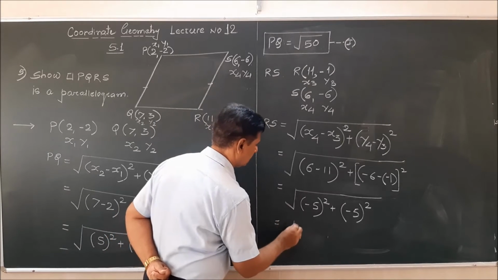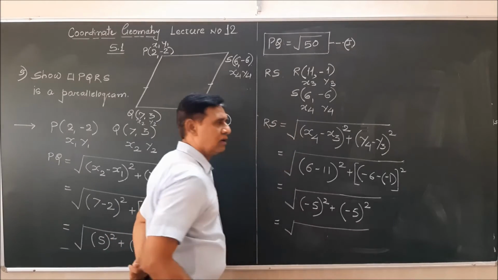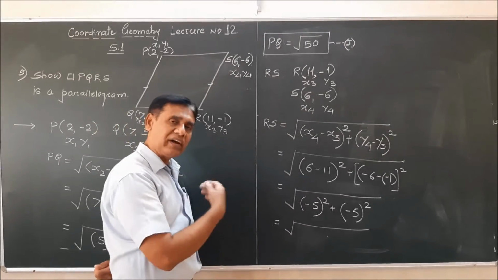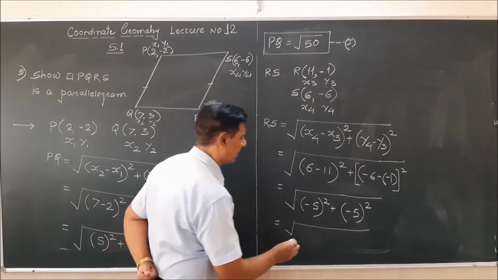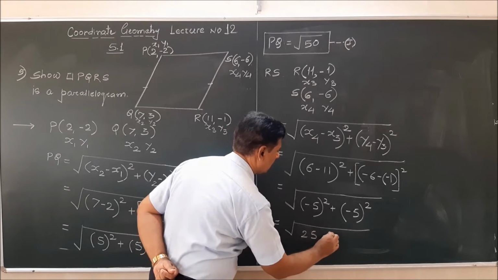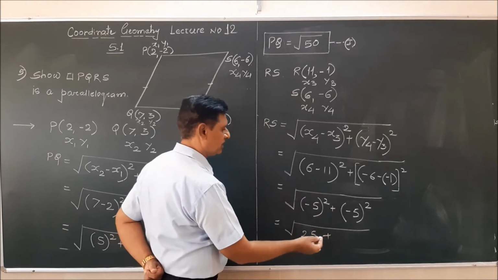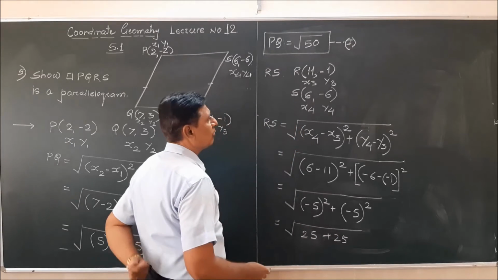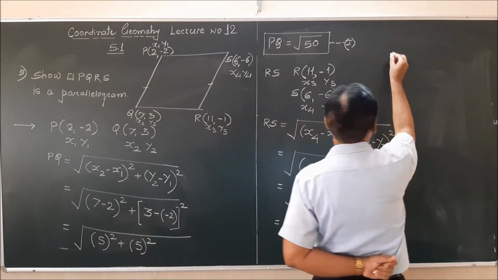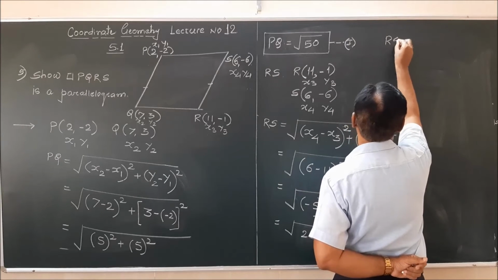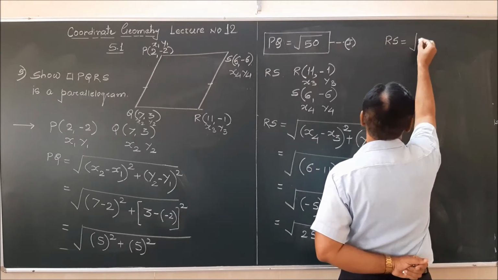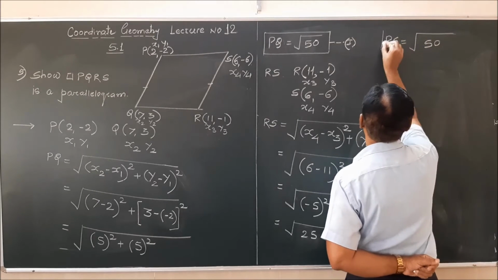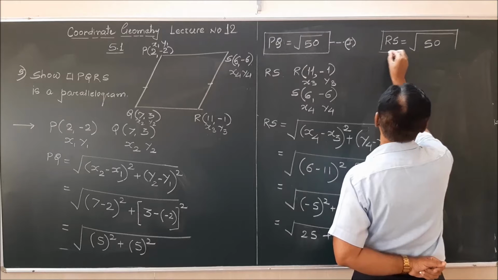The square of any negative number is also positive. So minus 5 square gives us 25, while minus 5 square in this case is also 25. So the length of RS is equal to root 50. This is equation number 2.